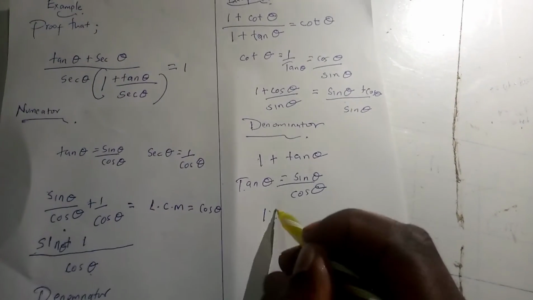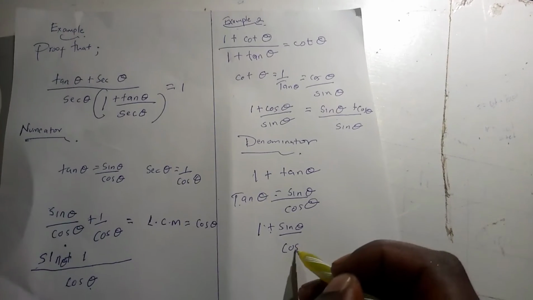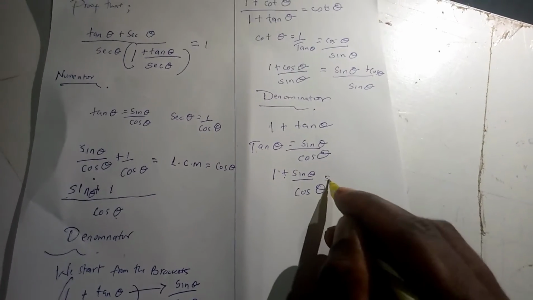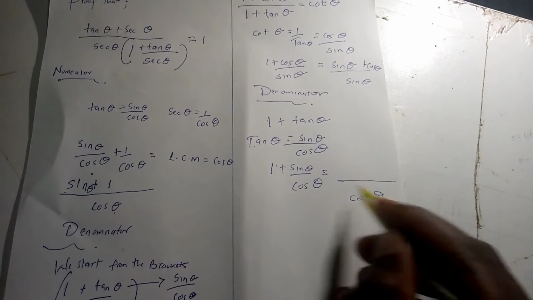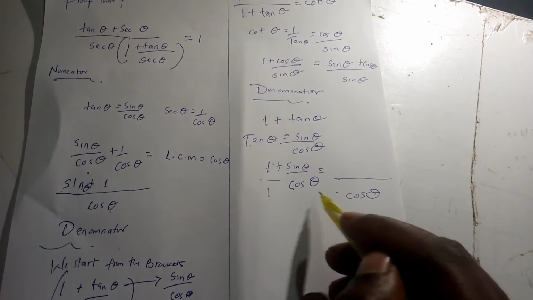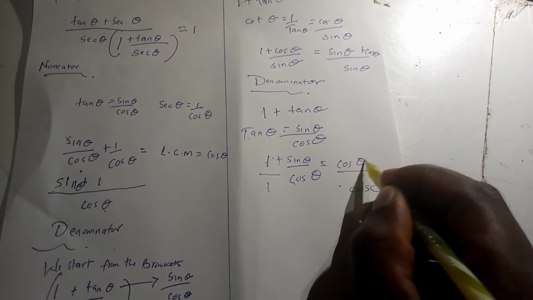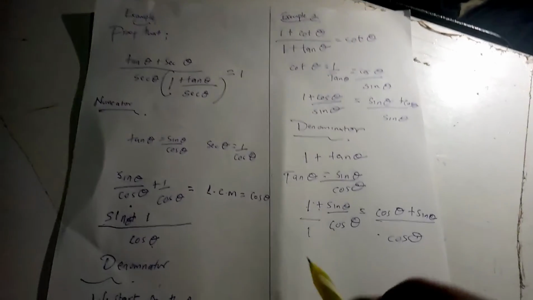So we go 1 plus sin theta over cos theta, which will be, so our LCM is cos theta. Since the LCM is cos theta, cos theta goes there once, and it will be 1. So it goes there, cos theta, and then sin theta.